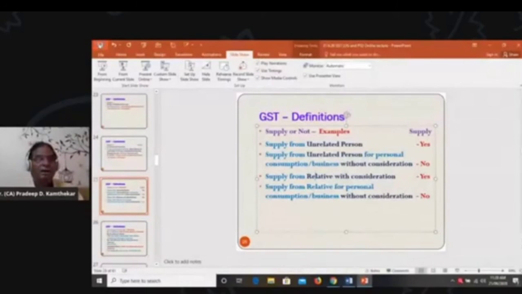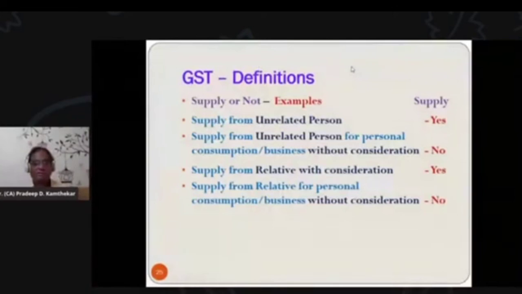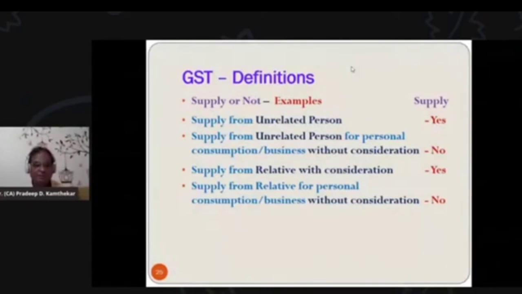So when a relative is giving you any goods or services for personal consumption, again with documentary evidence that there is no consideration coming from the person who is giving it, the third party to whom it is given, it is not a supply of goods and services.